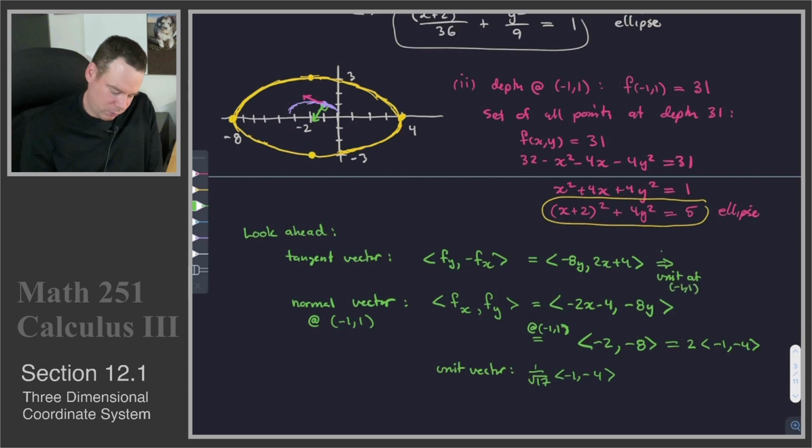I can just read it off from the other one, from below, by just switching the components and negating one of them. So we'll get a negative 4 and a 1.